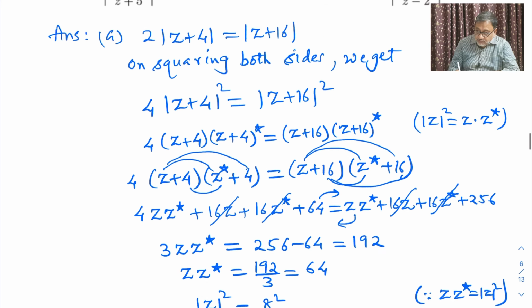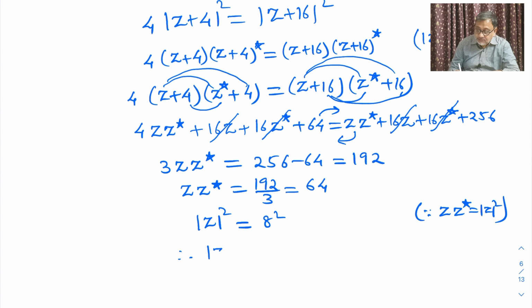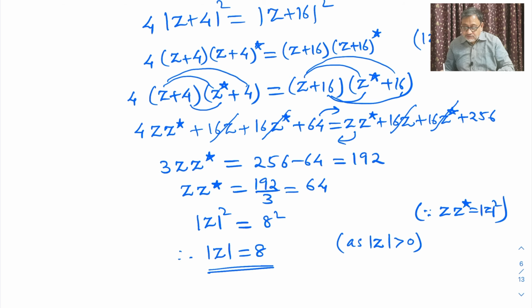So therefore modulus of z is equal to 8, as modulus of z is always greater than 0. It cannot be negative. So in the first part we found modulus of z is equal to 8.